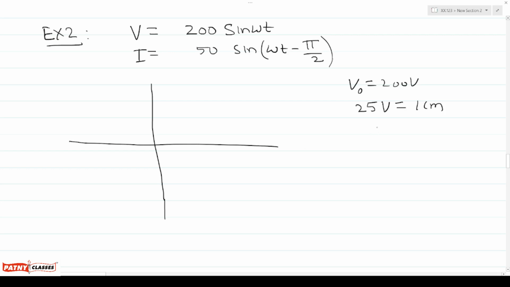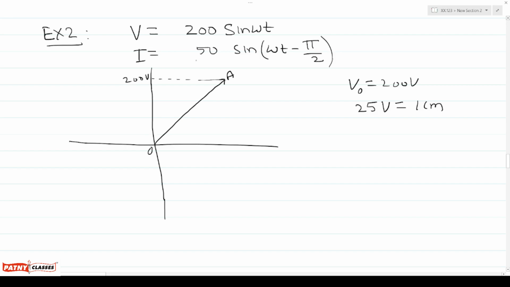Then 200 volts is there, V naught 200 volts. So we need to draw a line of 8 centimeters. So I draw here the line for V naught. Let us say vector OA stands for 200 volts. We have drawn the phasor diagram for voltage.